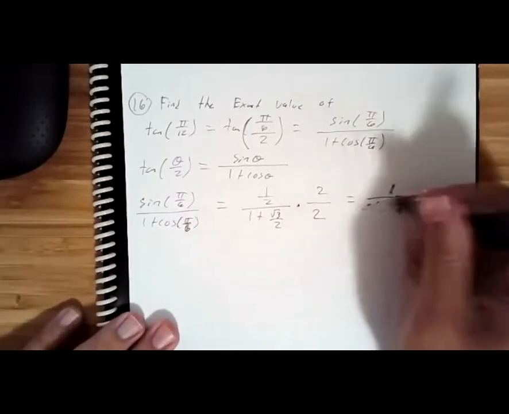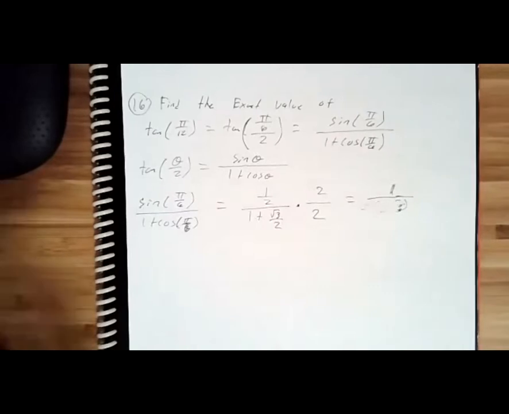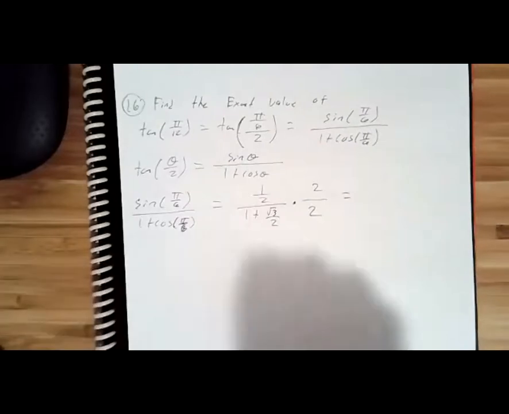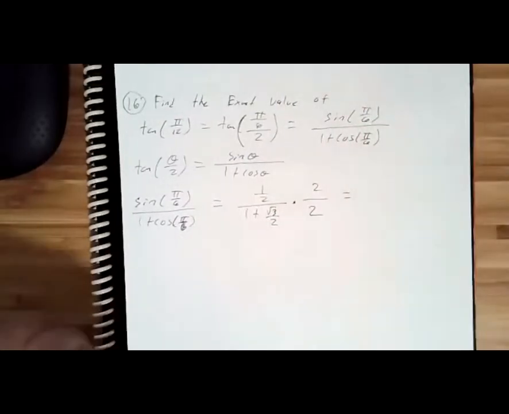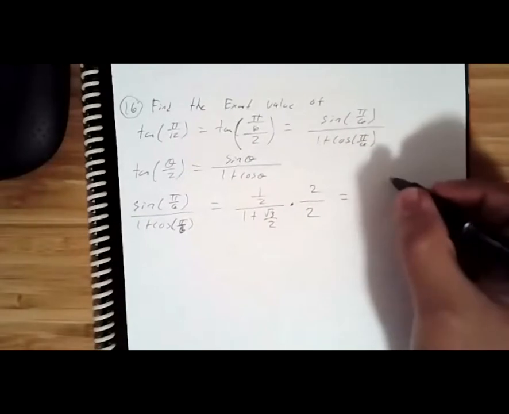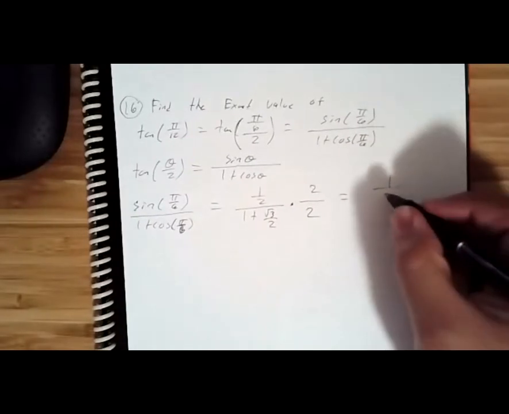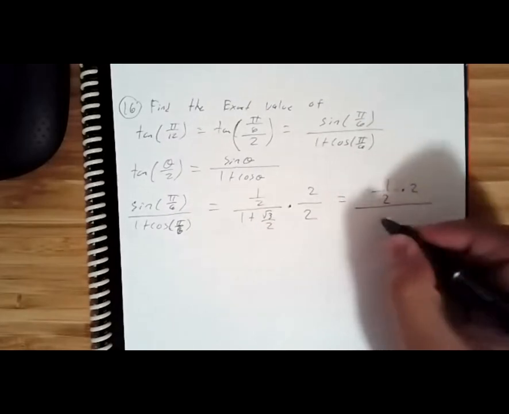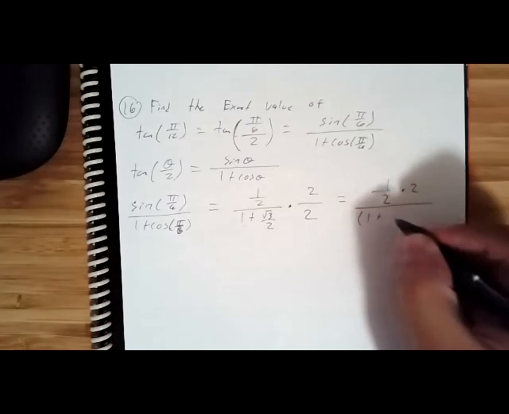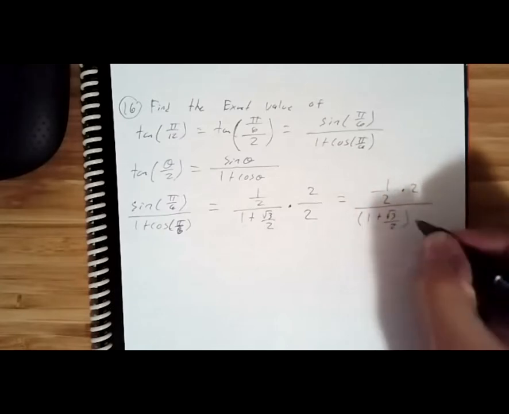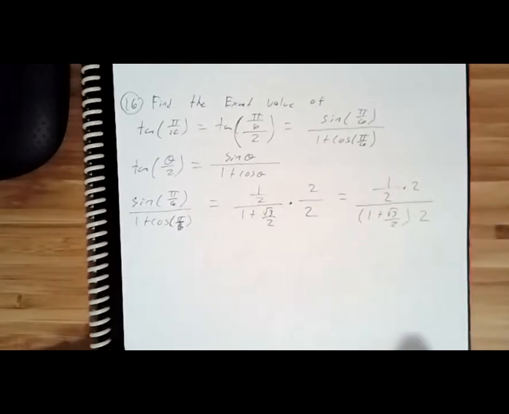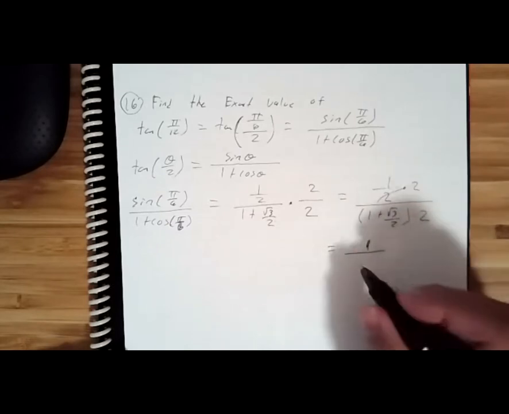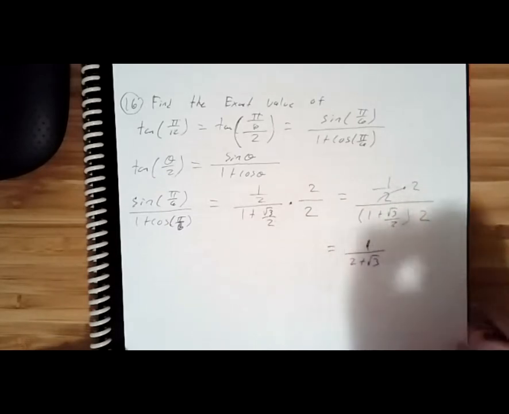Let's see. So these cancel, leaving you with a 1, and the bottom will give me a 2 plus square root 3.